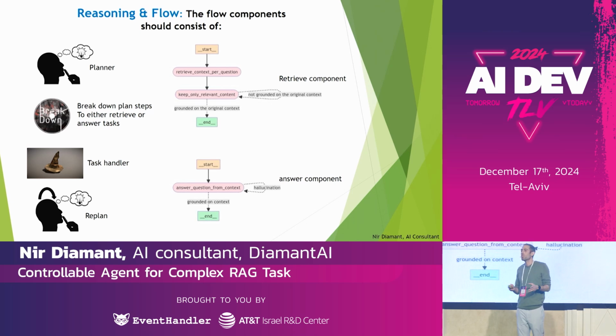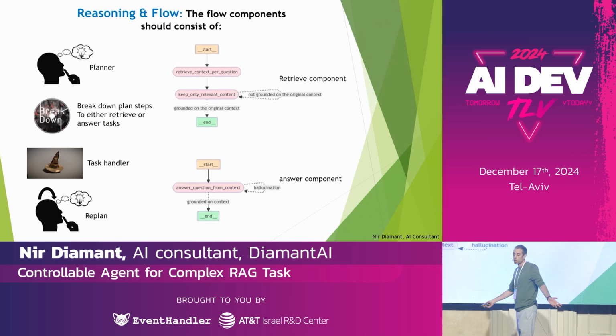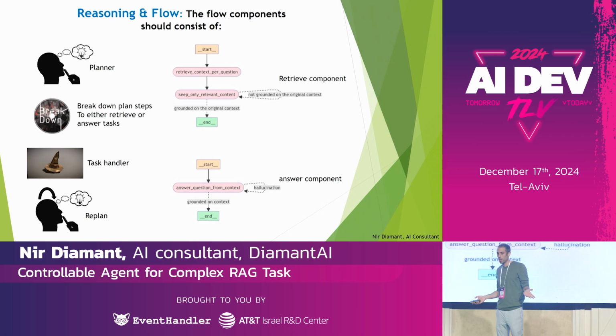We don't know that these steps are definitely going to solve it, but it's just the starting point of the agent. We want it to break the question down into steps to either retrieve or answer tasks, then use a task handler that sorts each task to either the retrieving or answering tool.